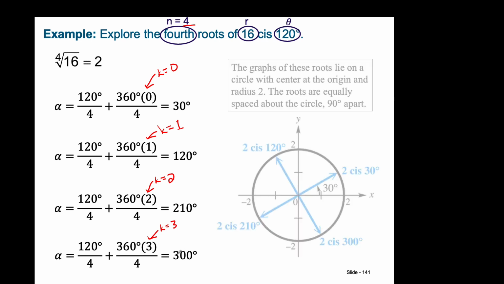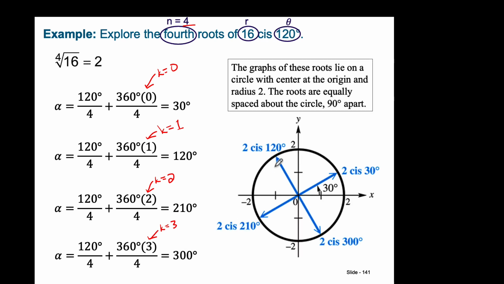Okay, so we have found the 4 roots. They are 2 cis 30 right here, 2 cis 120 right here, 2 cis 210 right here, and 2 cis 300 degrees right here. And this is a really nice visual of what we actually did.